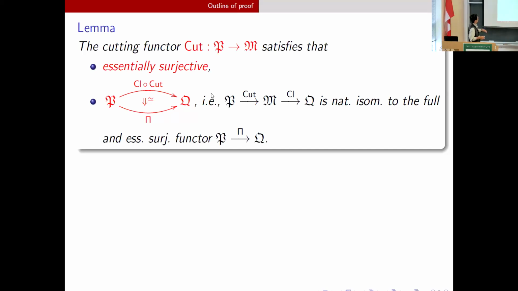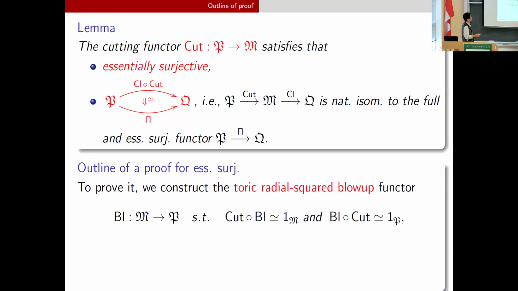So we have a composition functor from P to Q. And in the beginning, we also defined a functor that just takes the quotient of the principal T bundle, to Q, and we denote it as pi. These two functors have some relation: they are naturally isomorphic. It means that this composition functor is naturally isomorphic to the essentially surjective and full functor.